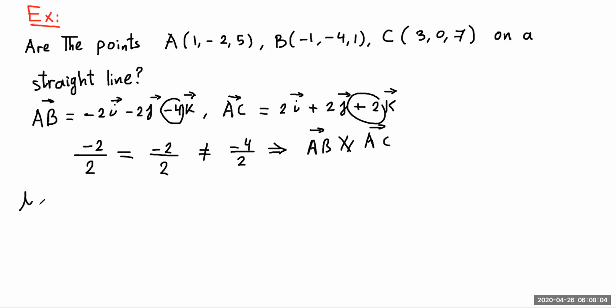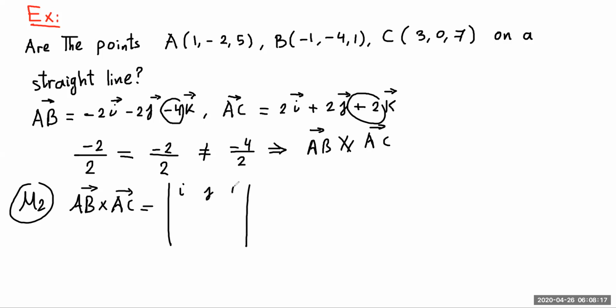Also, another method, method 2 to solve this exercise, if we take the vector AB cross AC, it will be the determinant of i, j, k, then here minus 2, minus 2, minus 4, 2, 2, 2. So let's calculate. So we have minus 4 plus 8.